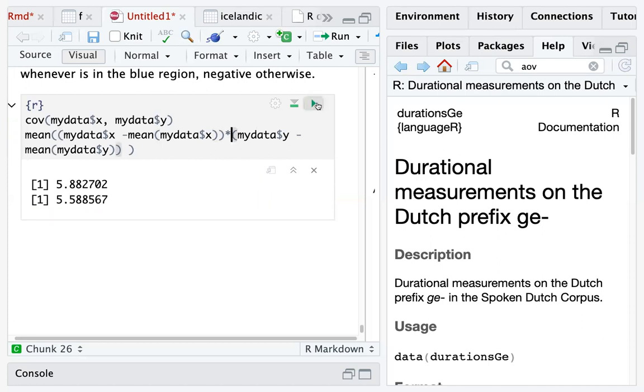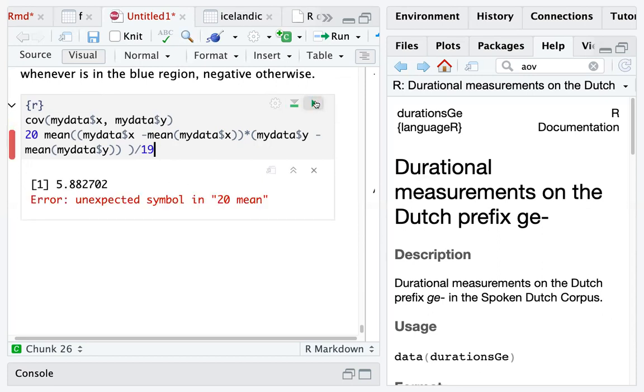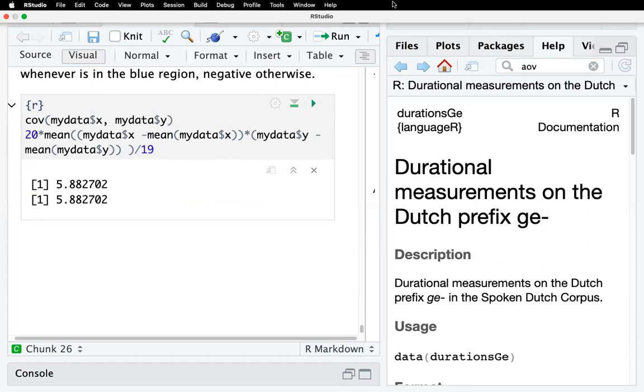So it is almost the same, but really here R doesn't take the plain mean for computing the covariance, it divides by n minus 1. So we should multiply by 20 and divide by 19 to obtain the same result, because 20 is the size of this vector x.